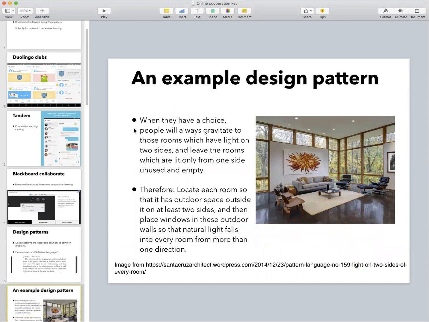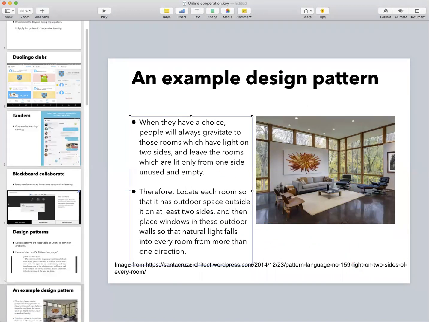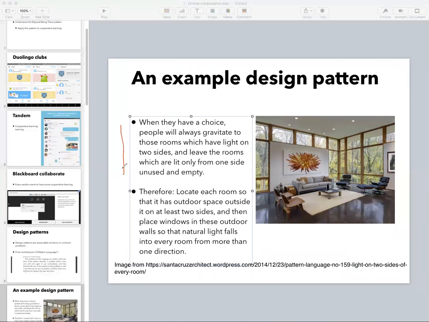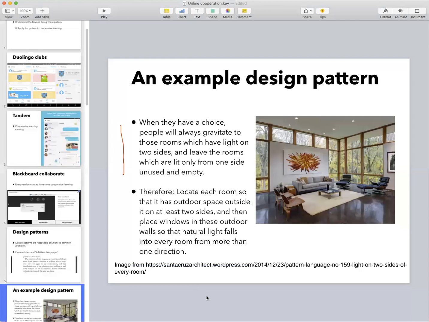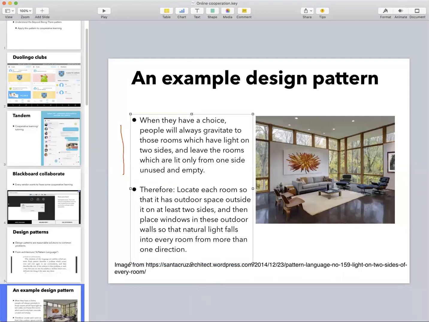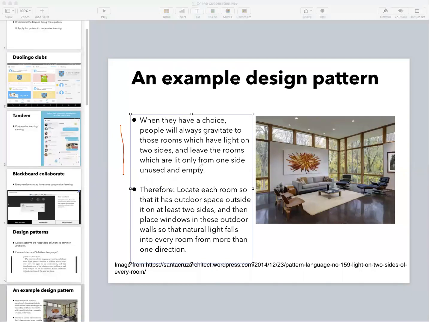Here's the frequent problem that it talks about. The problem is that when people have a choice, they gravitate to rooms which have light on two sides, and they leave rooms which have light only on one side empty and unused. Note here that Alexander doesn't give you any evidence of this problem. That's because I'm excerpting from his book.